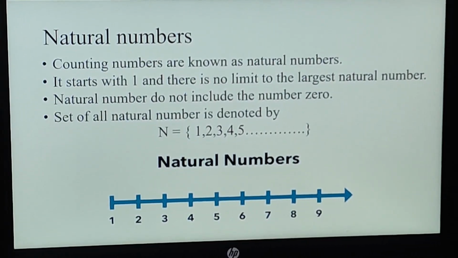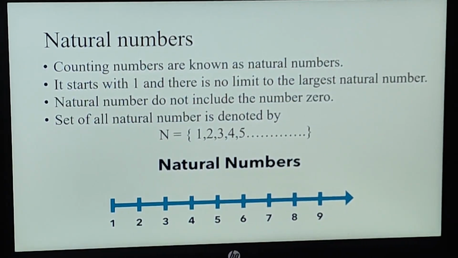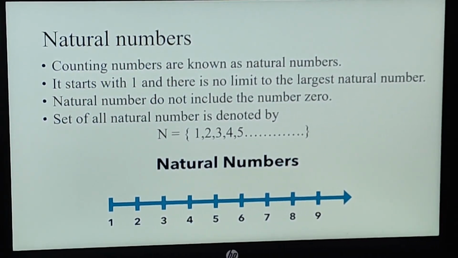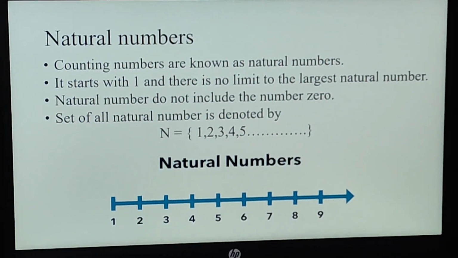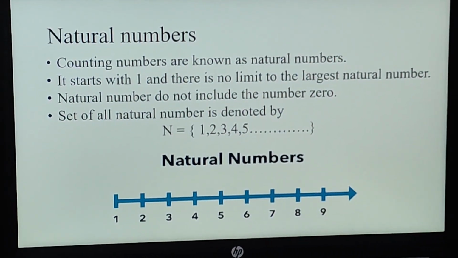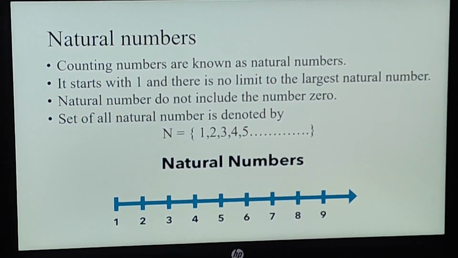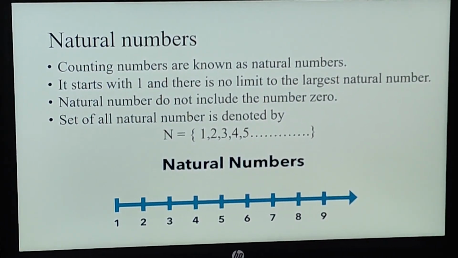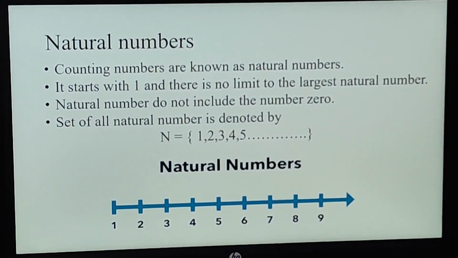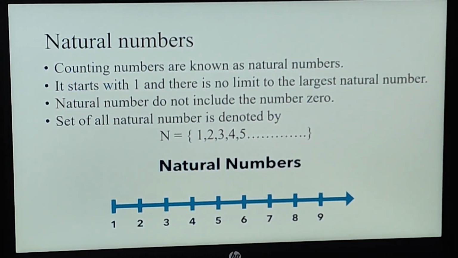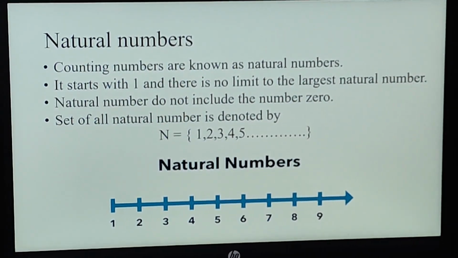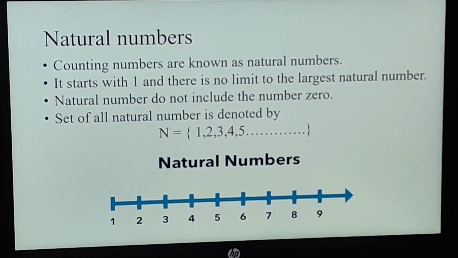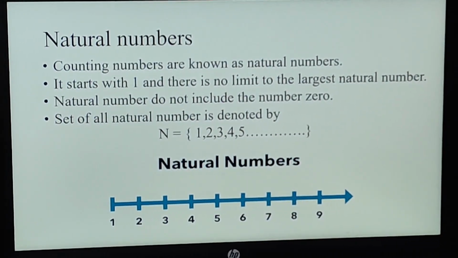The set of all natural numbers is denoted by capital N, and can be represented as 1, 2, 3, 4, 5 and so on.